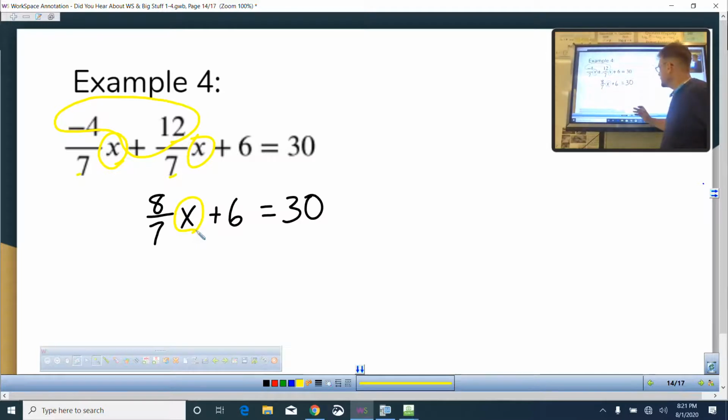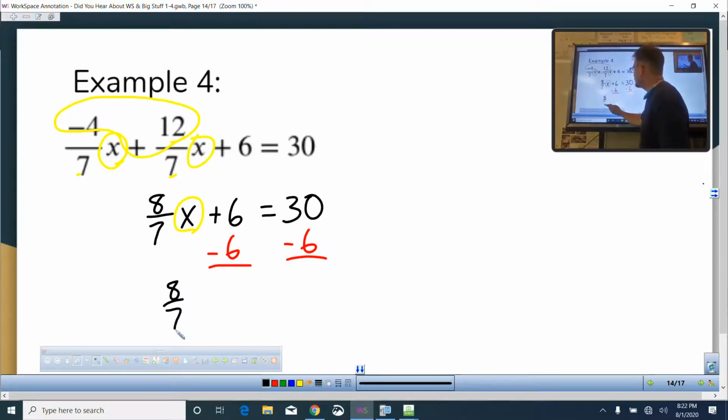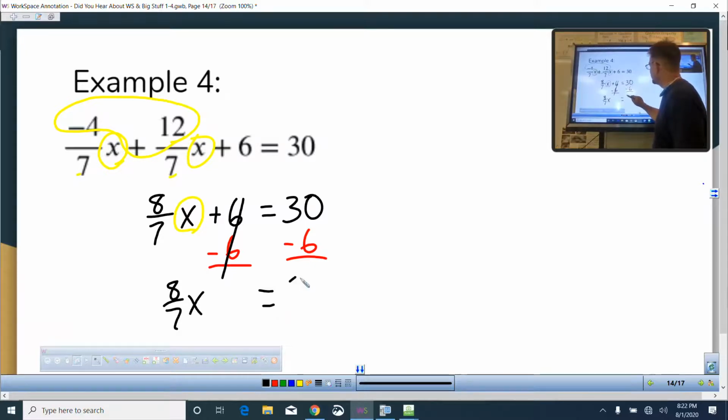As long as I don't mess up any of the basic rules, even if I make not the best choice, I can still get to the other side. Okay? So relax. So let's do that. Does that cancel? Good, good. So we got 8 over 7x. Yes, it cancels. Bring down my equal sign. You notice that all my equal signs are generally lined up the whole time. It's a good strategy.